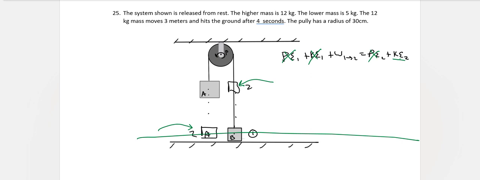So again, at position 2, mass B is moving, so it gets a kinetic energy, 1/2 mv squared. Mass A is also moving, so it gets a kinetic energy, 1/2 mv squared. But the pulley is also rotating, so it gets a kinetic energy, 1/2 I omega squared.